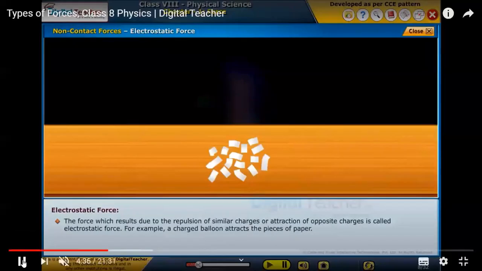Electrostatic force. The force which results due to the repulsion of similar charges or attraction of opposite charges is called electrostatic force. An example here is a charged balloon attracts the pieces of paper. You can rub two balloons together and bring one balloon close to small bits of paper.